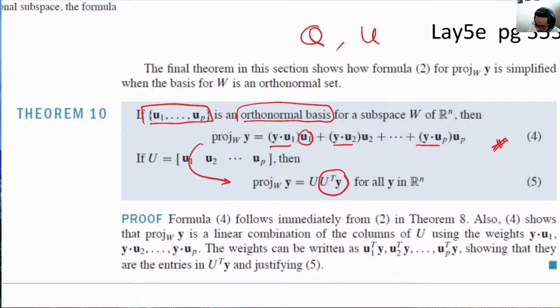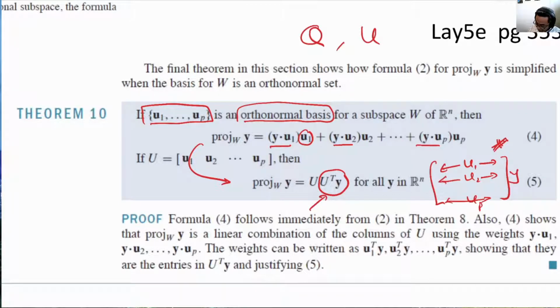What happens is that we take the columns of u and put them as horizontal rows. So this guy is UT and this guy is y, and we would get the parameters here.